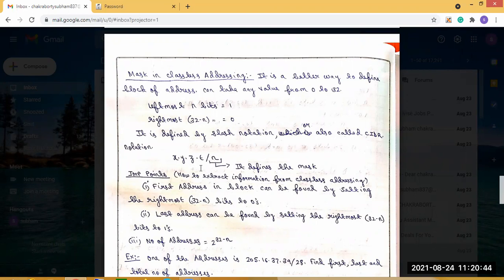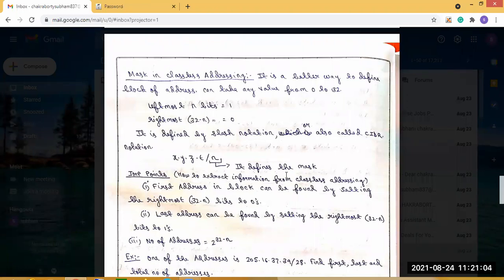This is the general format, and this n defines the mask. Now we will see how to extract information from the classless addressing.